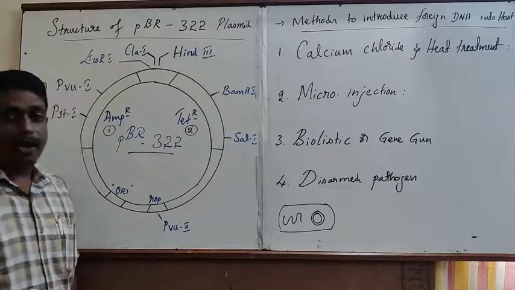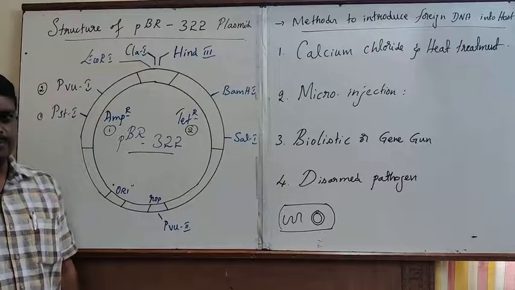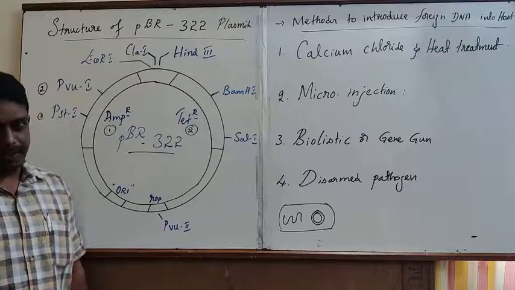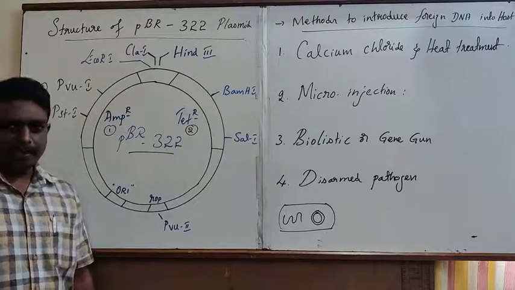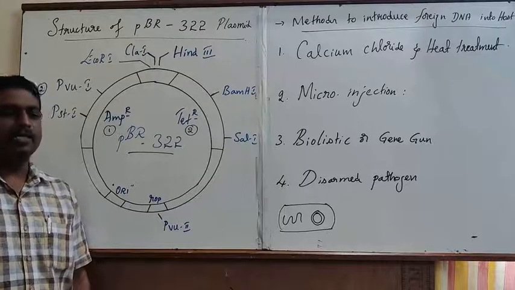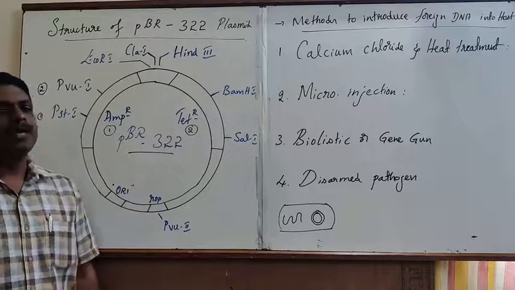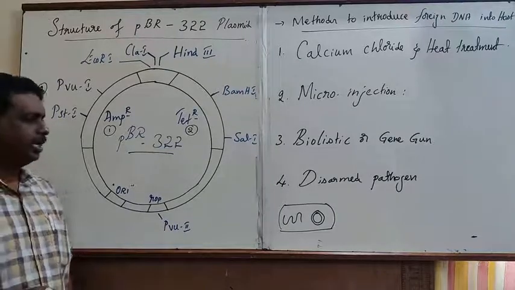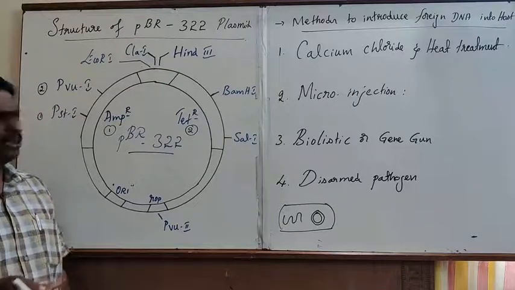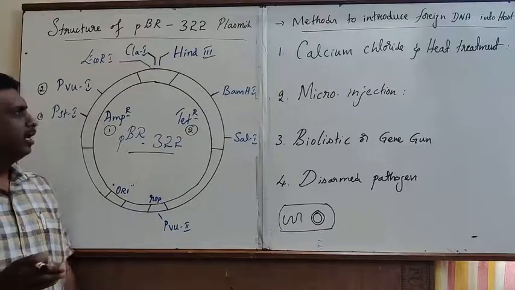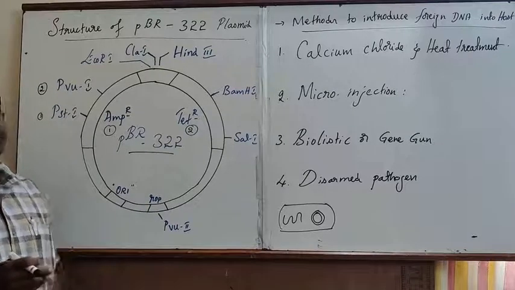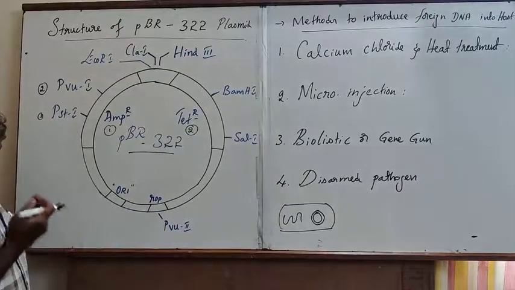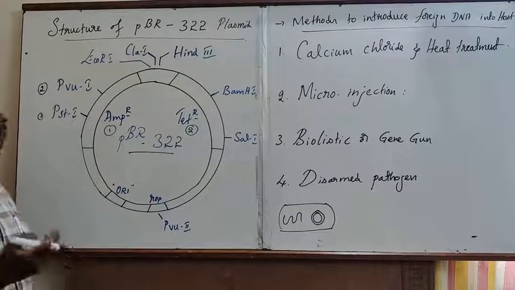ROP refers to replication of plasmid, particularly on that side. It takes part in the action of a protein that normally initiates the DNA replication. Such unique regions are normally found in a unique plasmid called pBR-322. This is with reference to the main important structural details of the plasmid called pBR-322.